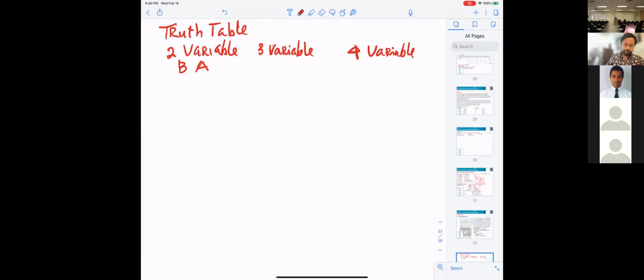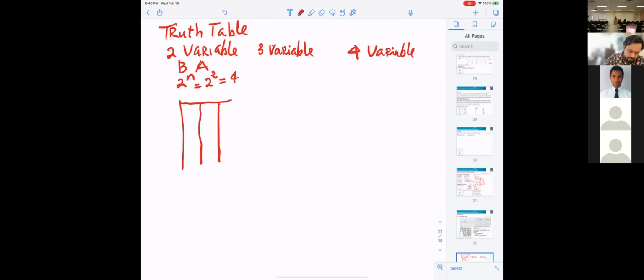You can see you're using the formula 2 to the power of n, 2 to the power of 2, which is 4. So the first thing you can do is draw the table.